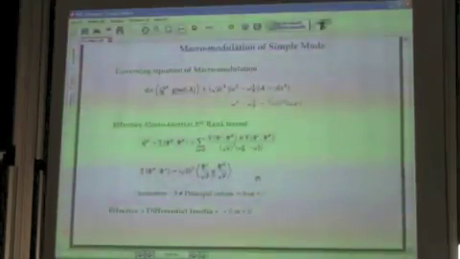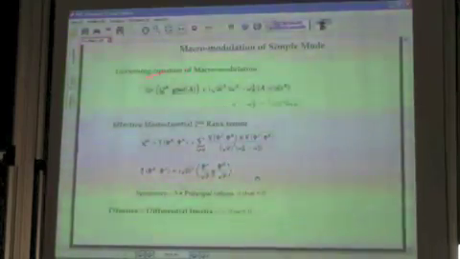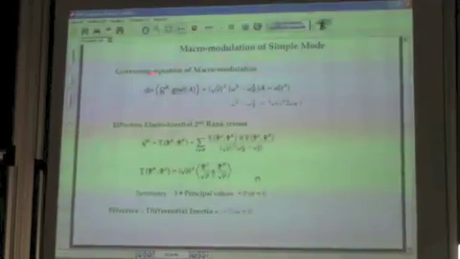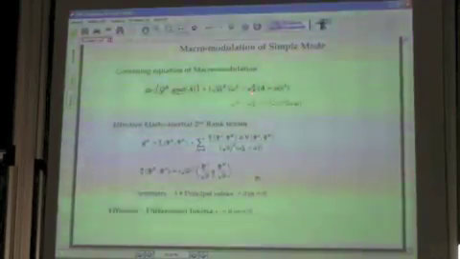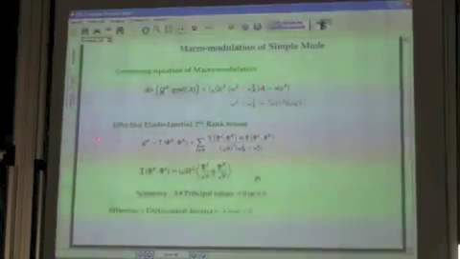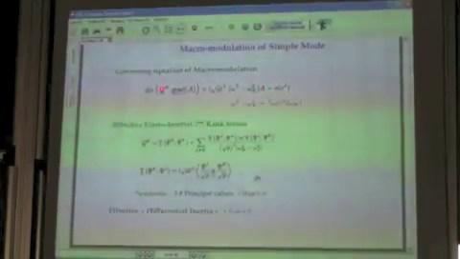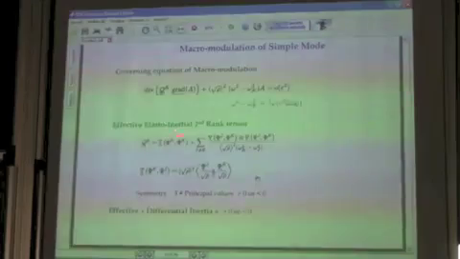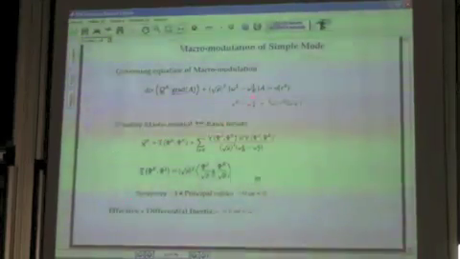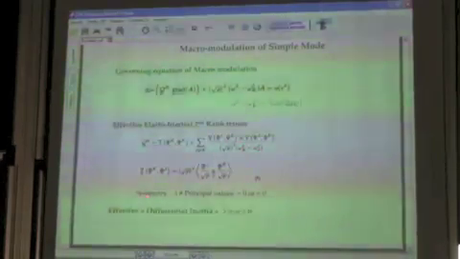And what we obtain is a governing equation that takes this form for the macro modulation. So this is around this eigenmode frequency. Two remarks. First, this tensor is based on the eigenmode, so it's an elasto-inertial tensor of second order. It may be positive or negative, but it is symmetric.